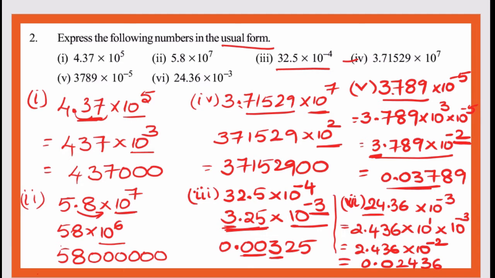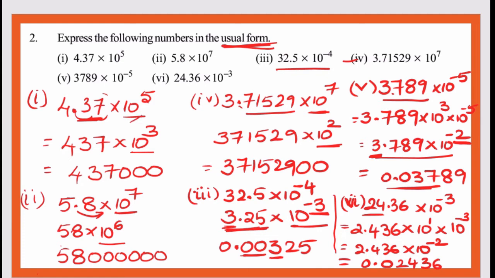So here you need to understand that whenever you have a normal number, first of all you need to convert it into scientific notation form, right? If you want to convert from scientific notation to usual form, then also you should see that the given number is in scientific notation form, right? Now if it is in scientific notation form, then if you are having any digits after the decimal point, that many number of zeros will be reduced.